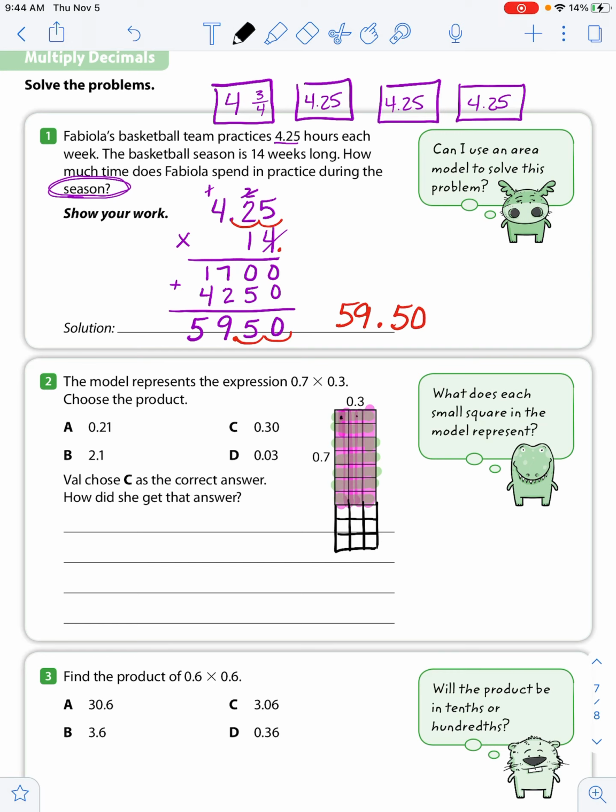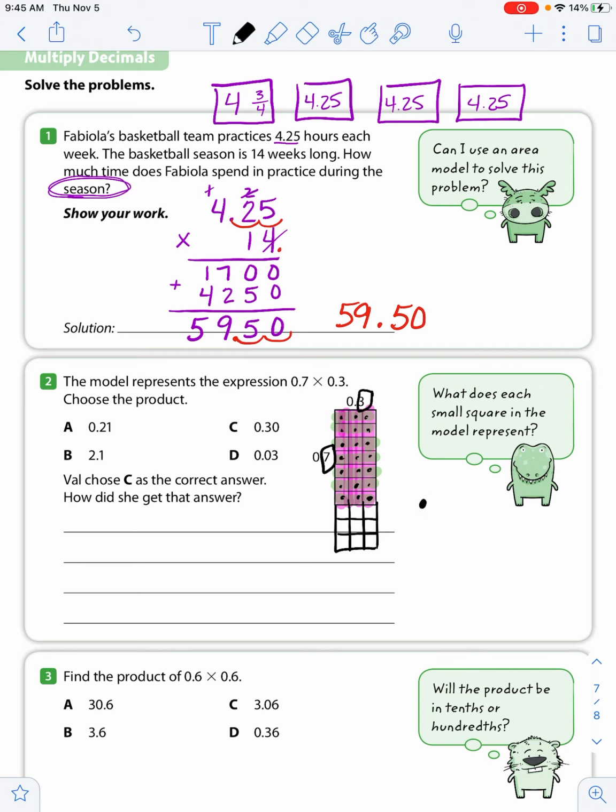So I see it's 1, 2, 3, 4, 5, 6. You better know how many this is going to be. 7, 8, 9, 10, 11, 12, 13, 14, 15, 16, 17, 18, 19, 20, 21. How did we know that? Well, because 3 times 7 is 21.